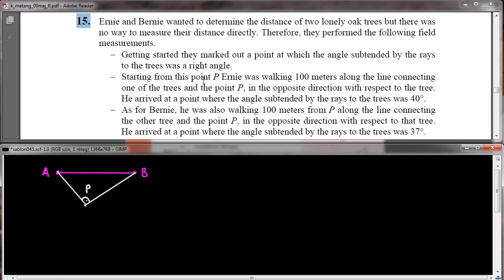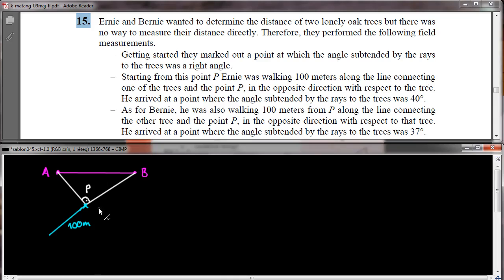Starting from this point P, Ernie was walking 100 meters along the line connecting one of the trees and the point P. So what does this mean? That this is the line connecting point P and one of the trees, and Ernie kept walking actually this direction 100 meters. This is 100 meters, in the opposite direction with respect to the tree.